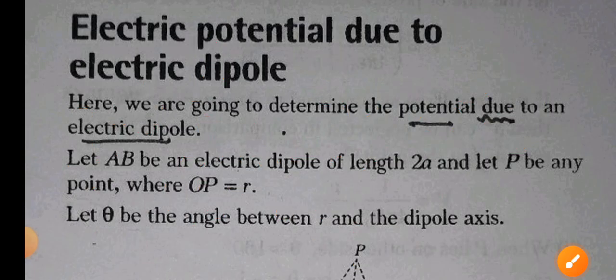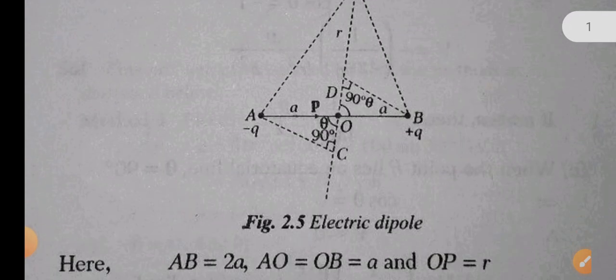Potential at every point on the equatorial line of an electric dipole is 0. Very important point. Listen carefully and keep it in mind. Potential at every point on the equatorial line of an electric dipole is 0.